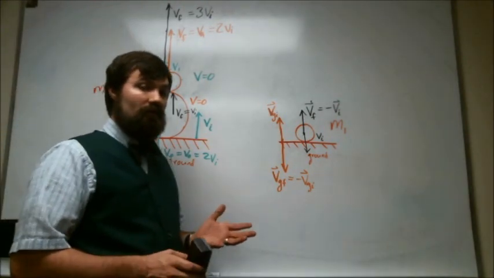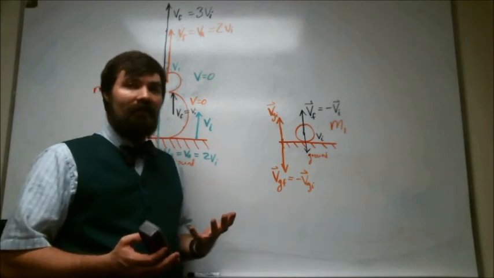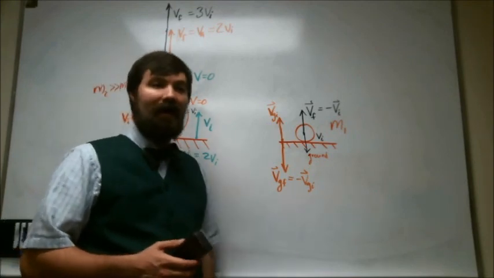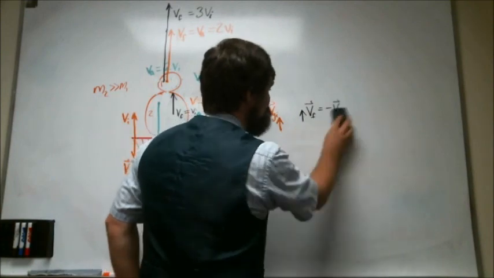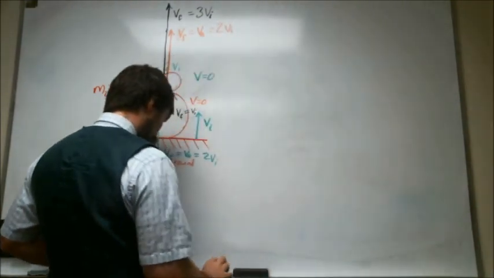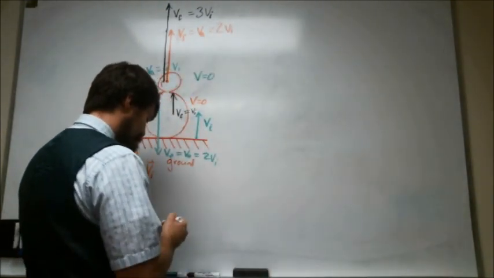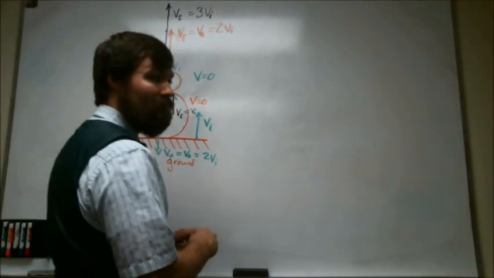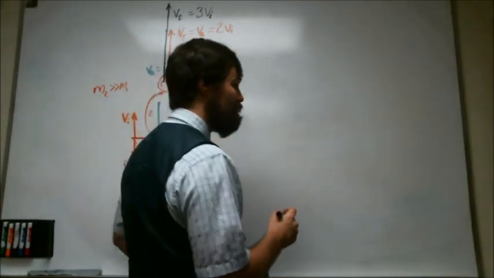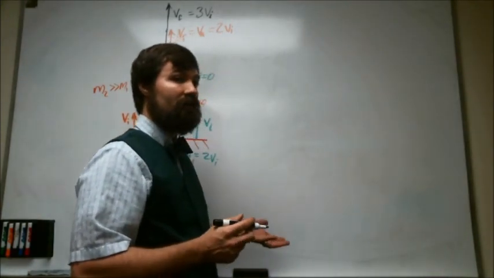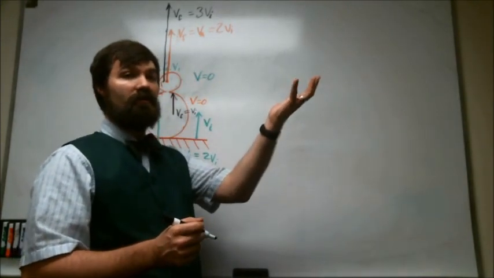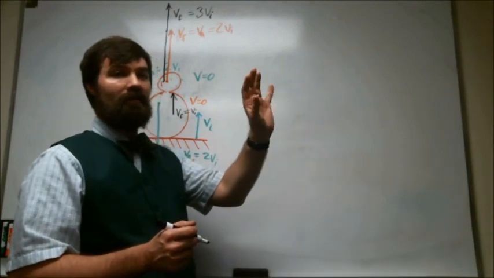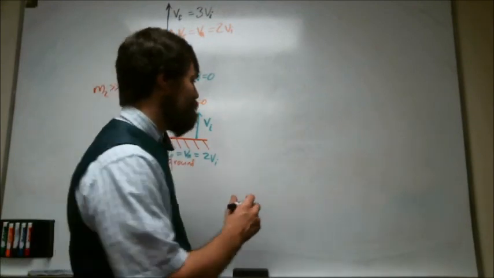Okay, so that's what happens to the speeds during all of this. How does that tell us anything about how high the thing goes? Well, at this point, you now would use conservation of energy, and the conservation of energy thing basically says that the final energy has to be equal to the initial energy. And so basically the amount of gravitational potential energy gained has to be equal to the amount of kinetic energy lost.